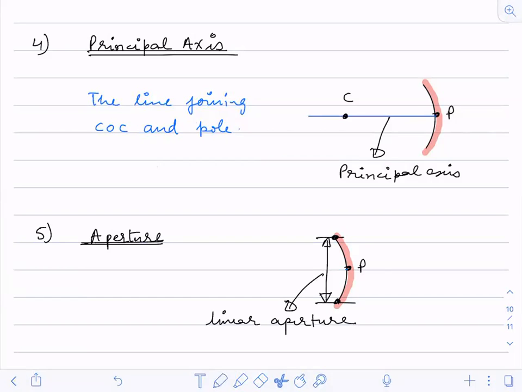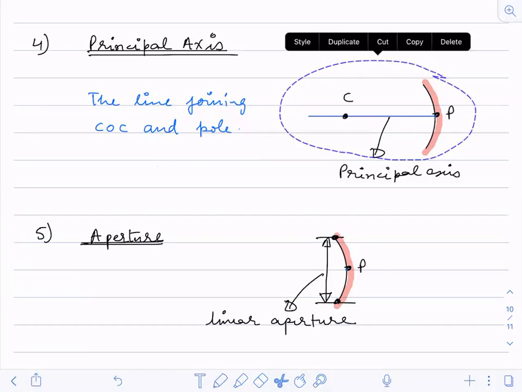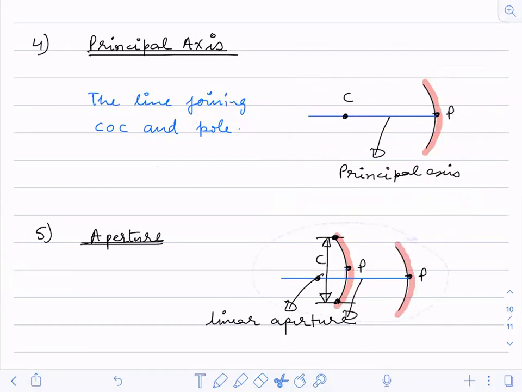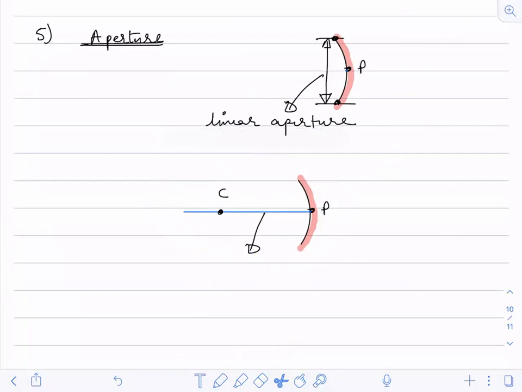Now, though this is not generally given in the books, I'm telling you this: what is angular aperture? You just have to join these two lines with the center of curvature, and this angle will be called the angular aperture.